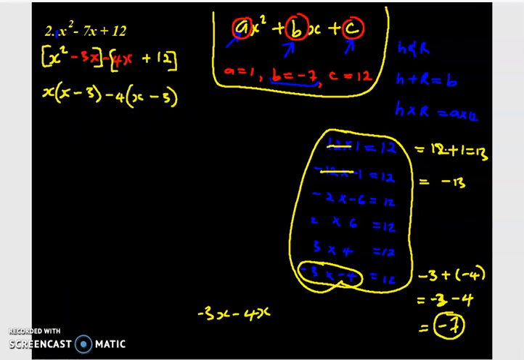And if you notice, x minus 3 is right here, and also x minus 3 is here. You can put x minus 3 in a bracket by themselves, and you have x minus 4 on the outside, so you put that in a bracket as well. So that's basically how we go about that one.